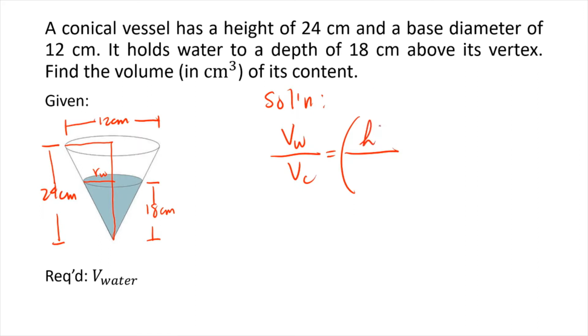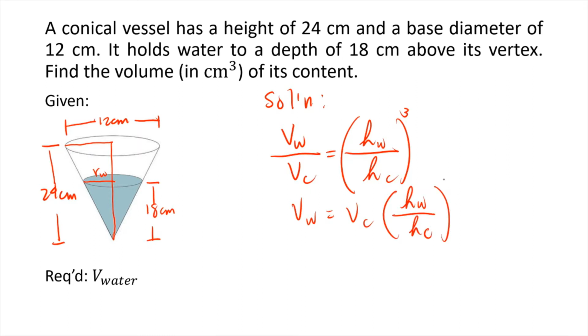So height of the water inside, and then the height of the cone. Isolating the volume of the water, we get the volume of the cone times the quantity HW over HC cubed.